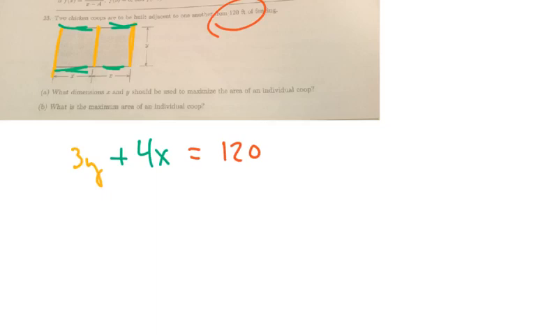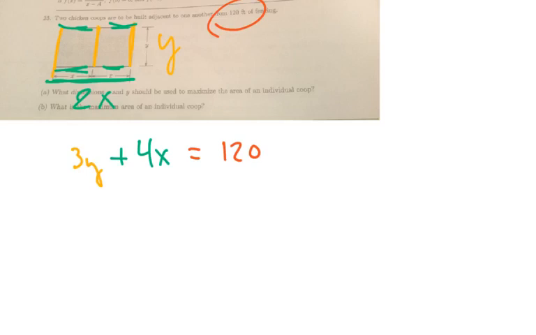Now the second one is area. So again, we know that the bottom part is 2x, and we know the vertical part is y. Area of a rectangle is length times width, or base times height.